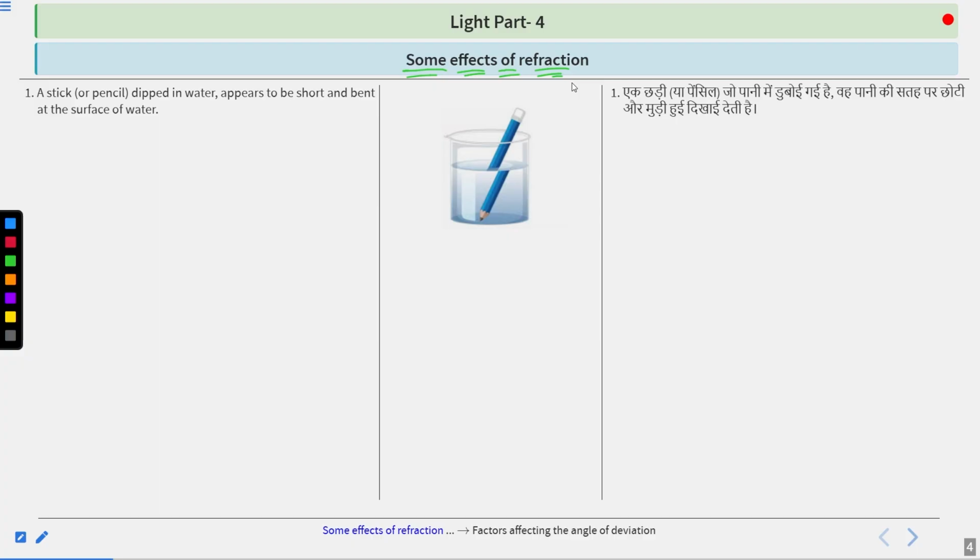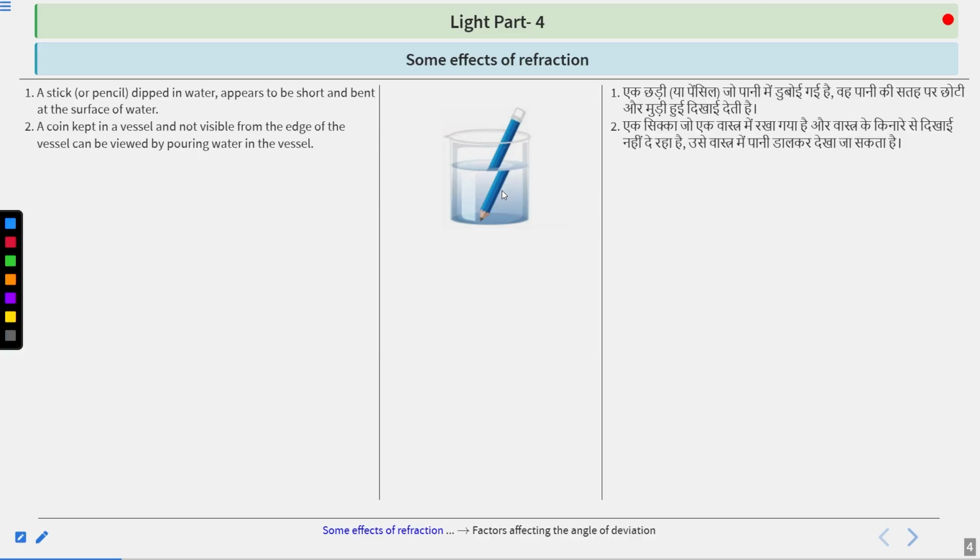If you have a transparent glass of water and you put a pencil in it, two things will happen. First, the pencil will appear bent. Second, if you look at the pencil from the top surface, you will find that the pencil looks shorter than it actually is.